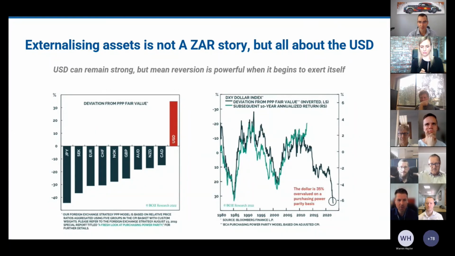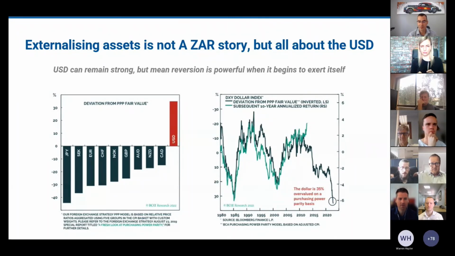And while we're not predicting that the dollar's peaked at the moment, and again, it'll come hand in hand with the markets, we do know that the dollar is much more likely to roll over if we take a longer term view.